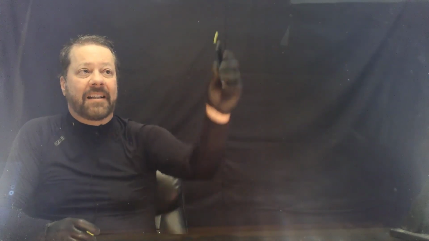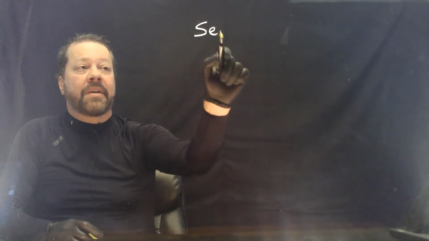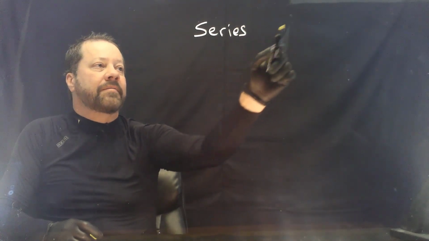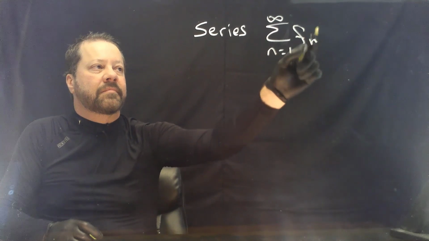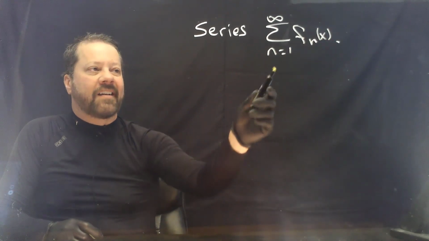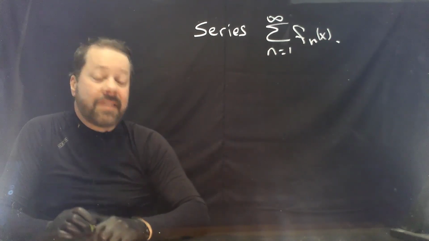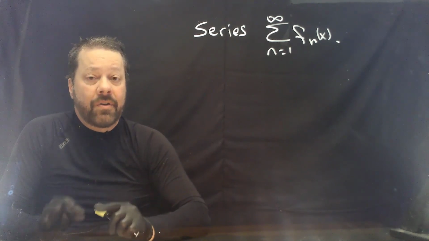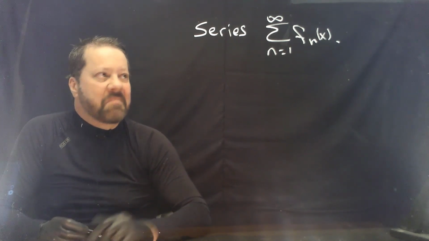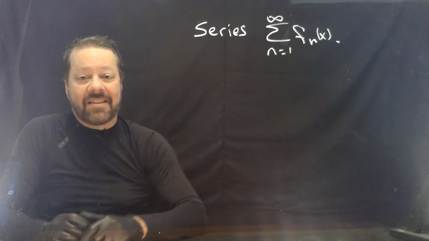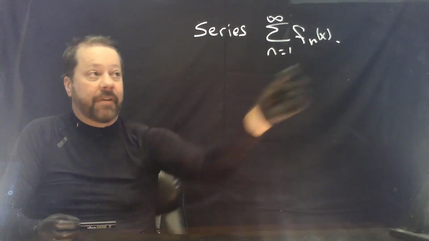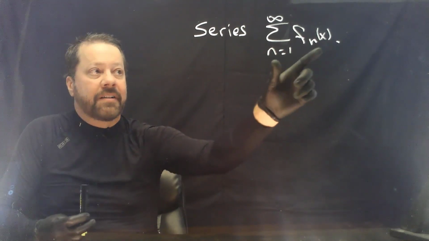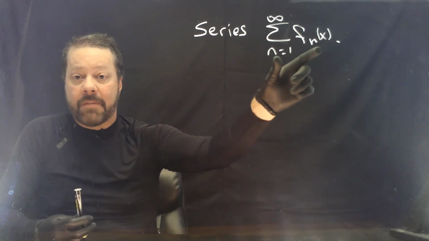What we're really dealing with is a series of functions, and we want to know, does the series converge uniformly? i.e., for each x, the series will converge if it converges as a sequence of numbers for any fixed x.